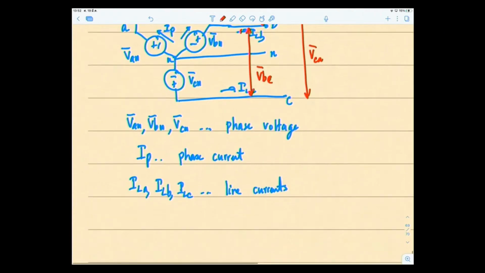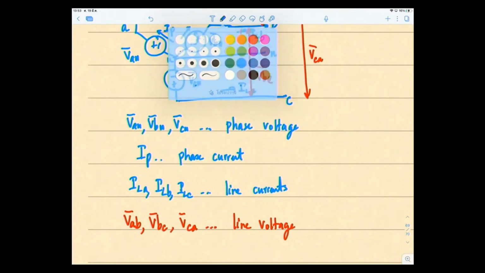These are called the line voltages. So these are the four parameters that we will find in the three-phase connections: YY connections, Y delta, delta Y, and delta delta connections. Today we're going to start with YY connections.